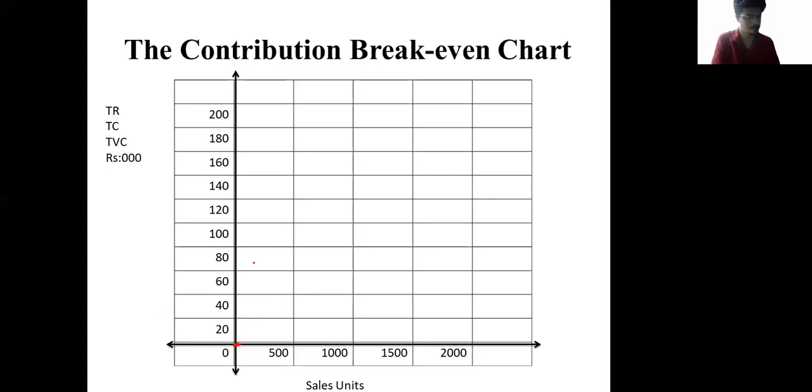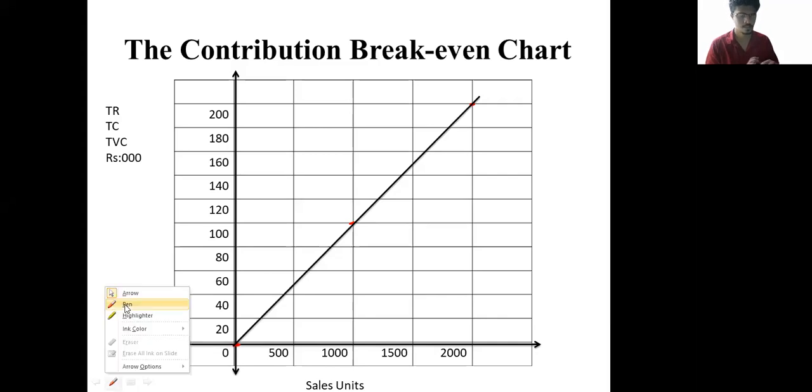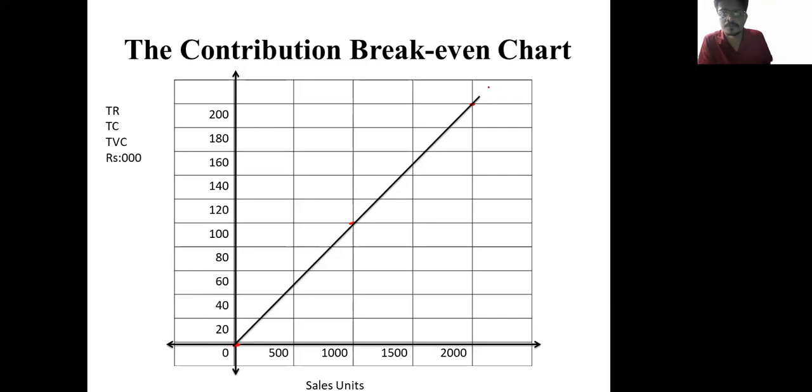0, 0, then 1100, then 2200. This is the total revenue curve.